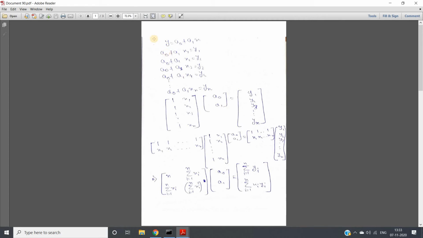So this was our set of equations which we saw in the matrix method. The general equation is y equal to a naught plus a1x, and by substituting the values x1 y1, x2 y2, up to xn yn, we got this set of linear equations. Then we converted this to a matrix representation. You can take y equal to mx plus c or y equal to c plus mx, follow the same approach, and get the same result.